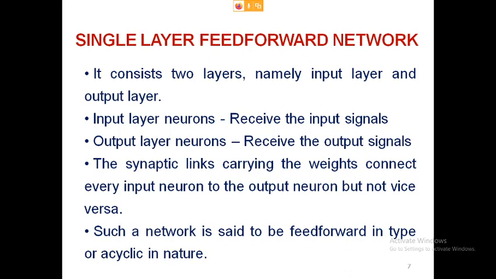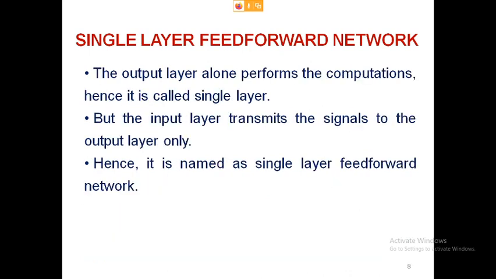The single layer feed forward network has two layers, one is the input layer and the other one is the output layer. Even though it has two layers, why is it named a single layer feed forward network? The output layer alone performs the computations, hence it is called the single layer. Based on the computational layers, the name has come.